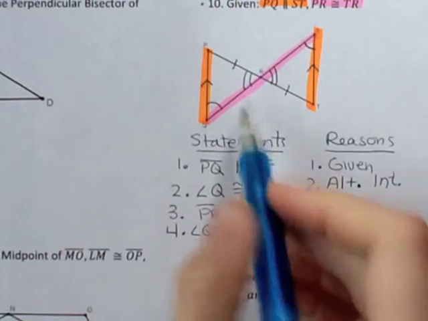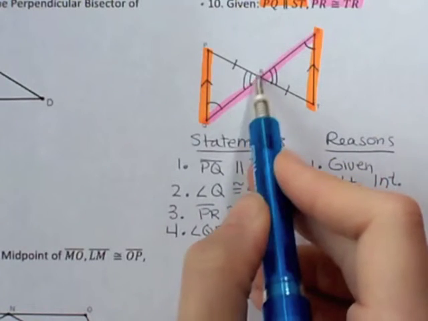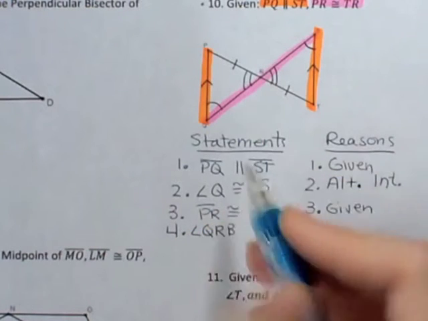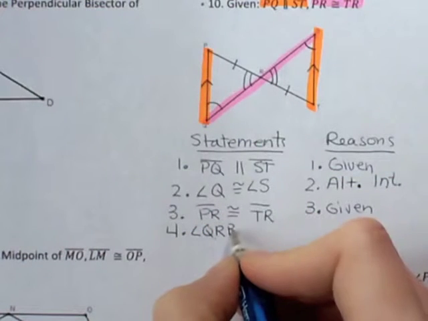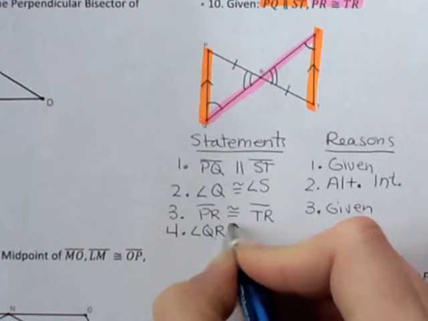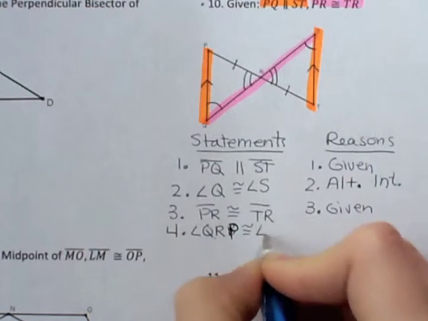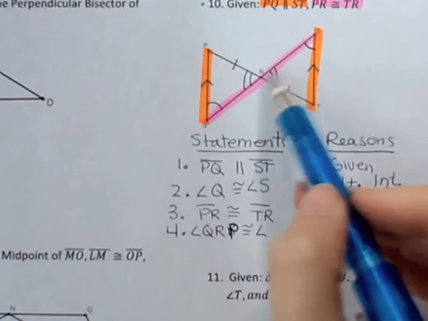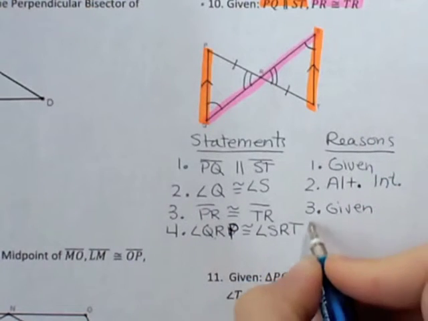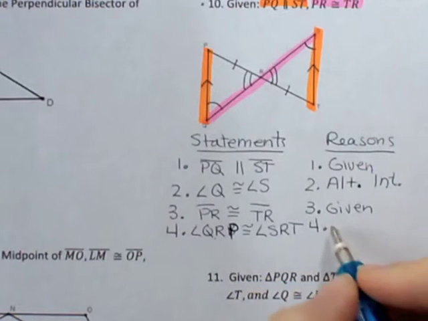Since the R is the vertex where the angle is, that's the letter that should be in the middle. Oops, that should be a P, not a B. Is congruent to angle SRT. And our reason for that is those are vertical angles.